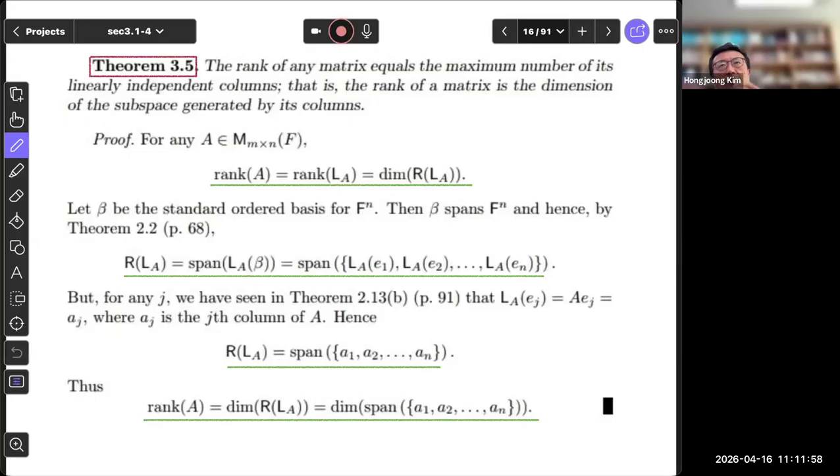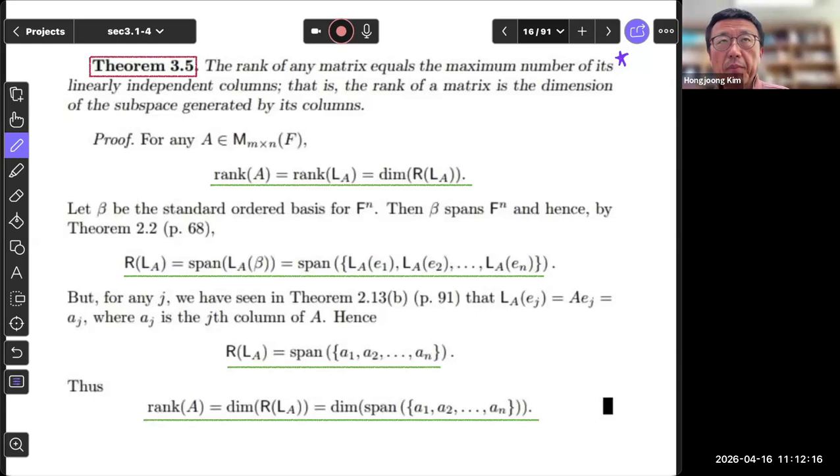In other words, the rank of a matrix is the dimension of the subspace generated by its columns. This is important. Okay, so let us check this.